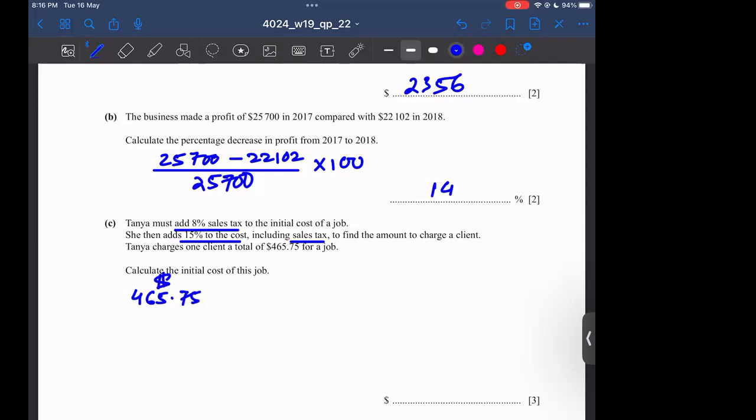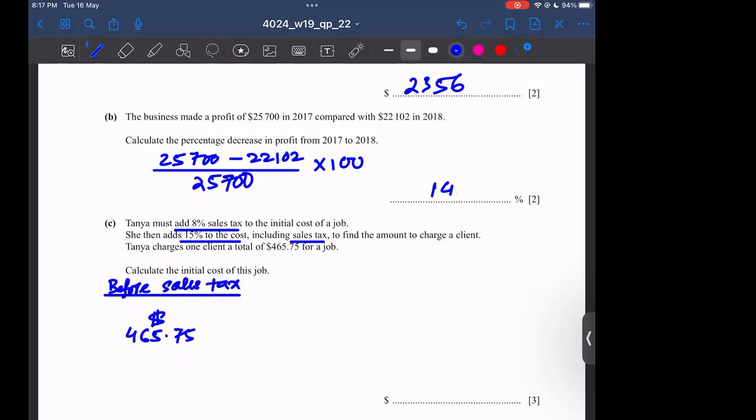Now this amount is not the full amount. You're basically charging 8% separately, and then you're charging 15% separately. So I'm calculating the amount before sales tax.